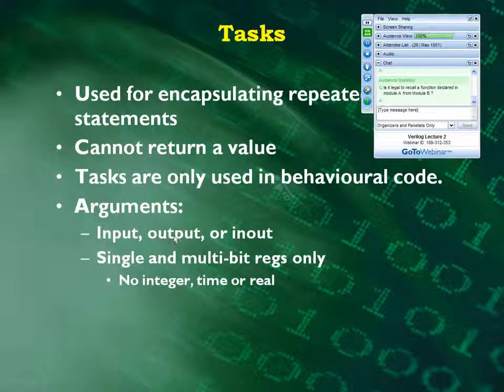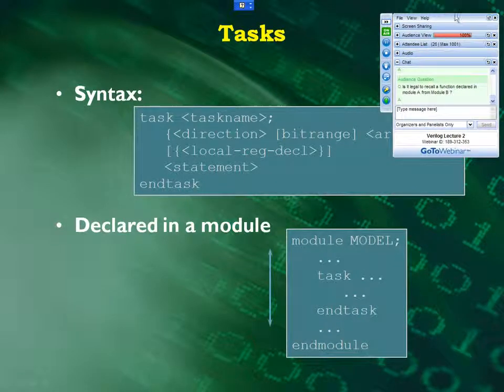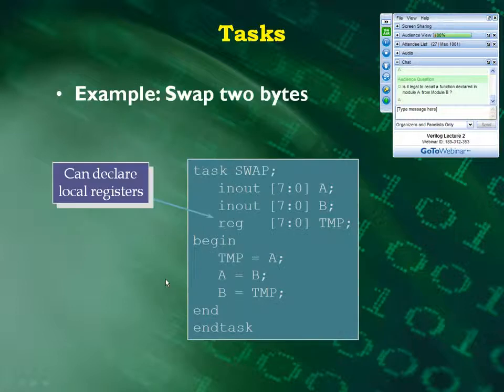So the arguments are input, output, or in-out, bidirectional. They can be single and multi-bit registers only, no integer, time, or real. So here's the syntax. Again, we have a similar type syntax, a little different though. And they're declared within a module. Here we've declared a local register called temp that's 8 bits wide.